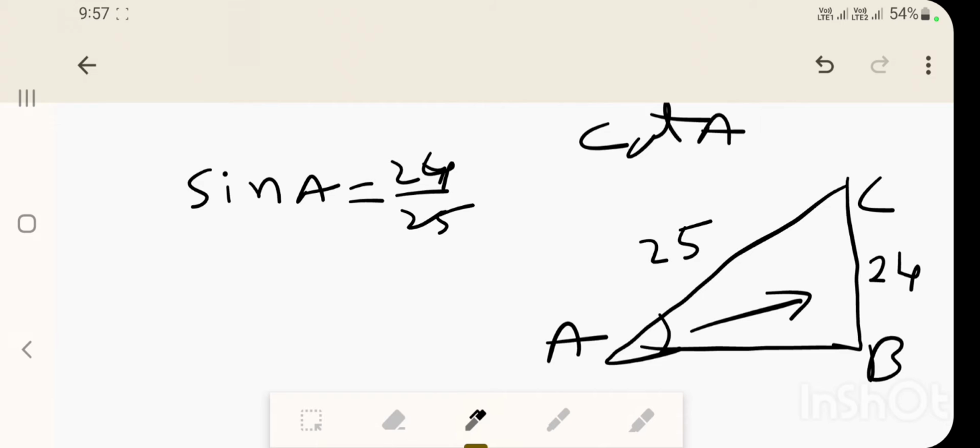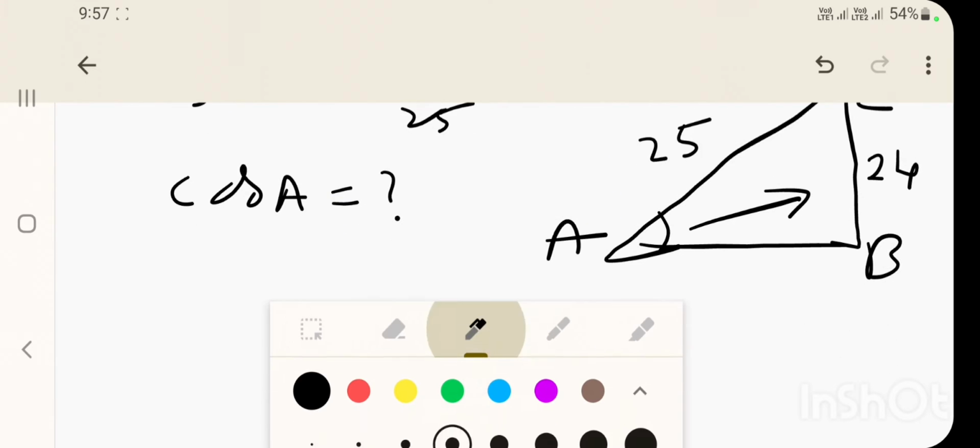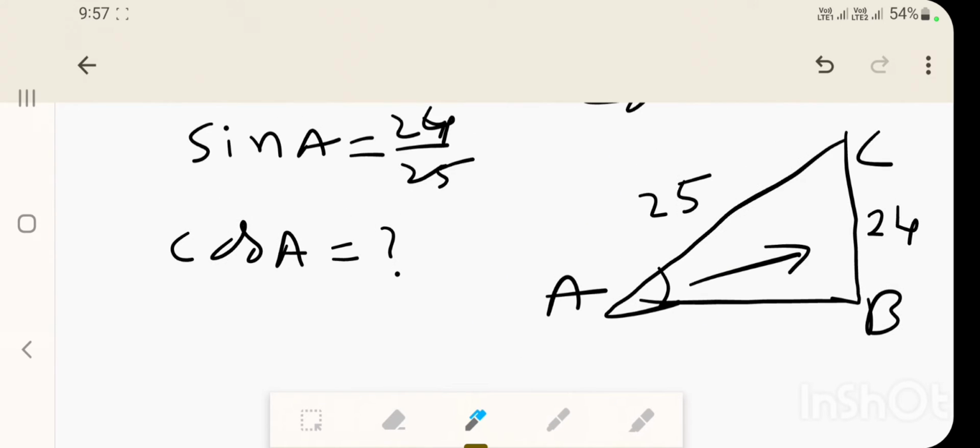Okay, and they're asking to find, for example, what is cos A. So to calculate cos A, what we require is the adjacent side length. Okay, adjacent side length we need to have, that is AB. We need to calculate the AB value. So that we can do using the Pythagoras theorem.